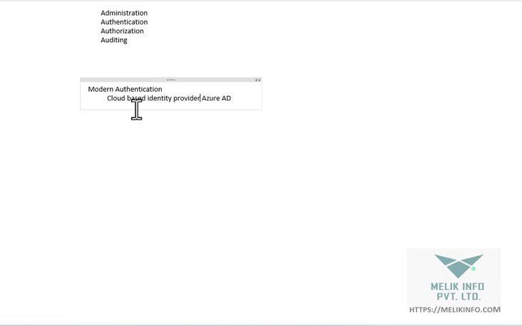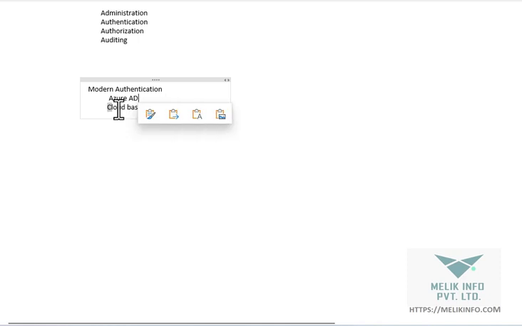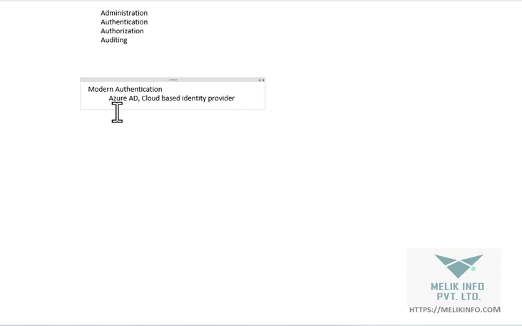There are other providers also. For example, we have Google, we have LinkedIn, we have Amazon, we have Twitter. They are also identity providers.